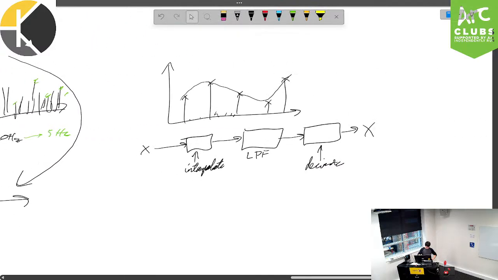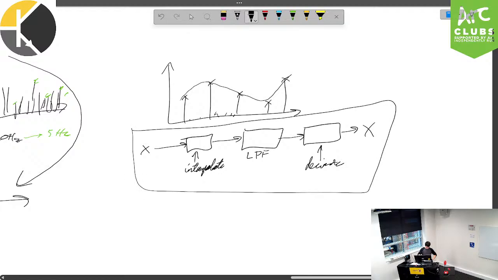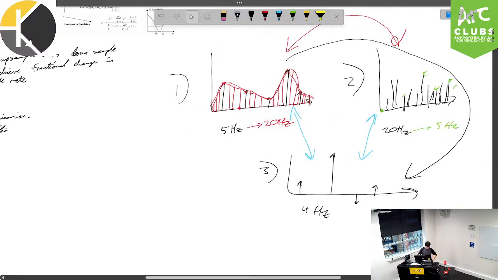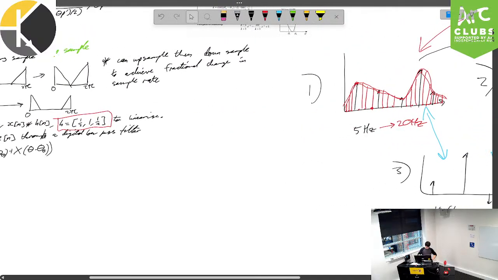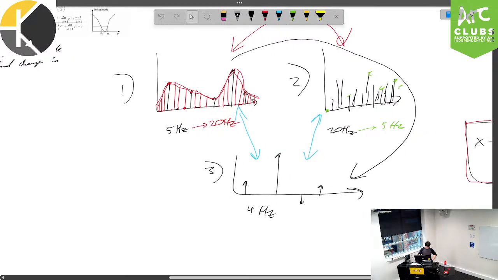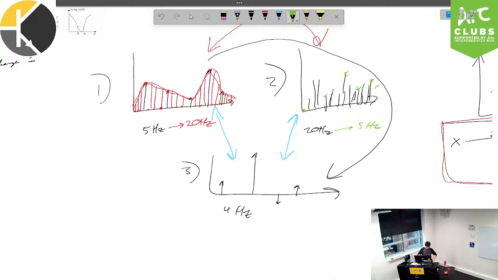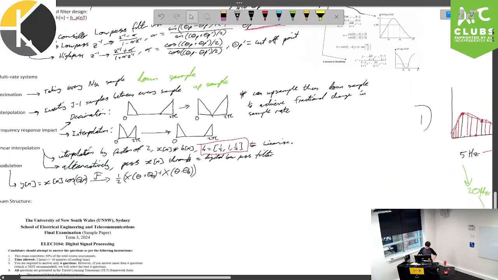So very similar to this kind of model we've just proposed, we can chuck it through both interpolation and then decimation to get a factor multiple of our sampling frequency, okay? And so, in this case, we can upsample to 20 and then decimate to 4. So we bring it to 20, bring it to 4. All right, fantastic stuff.